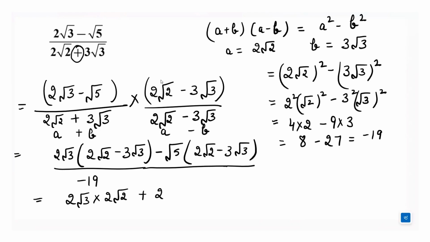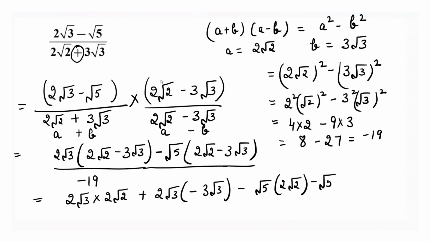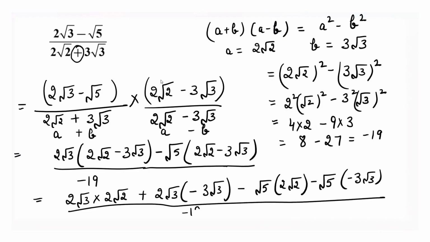Then plus 2 root 3 into minus 3 root 3, minus root 5 into 2 root 2, minus root 5 into minus 3 root 3 over negative 19.